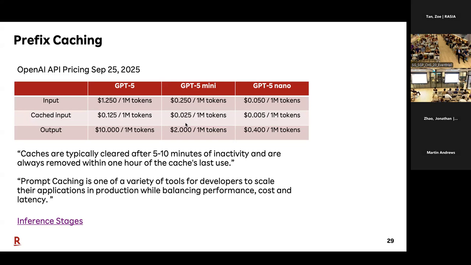So why did it happen? Because the computation to get the KV caches is a computationally intensive task, and once it computes the results of the caches, it will store the caches for some time. So you can see OpenAI provides a statement that the caches are typically cleared after 5 to 10 minutes.